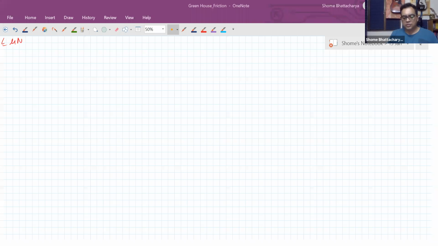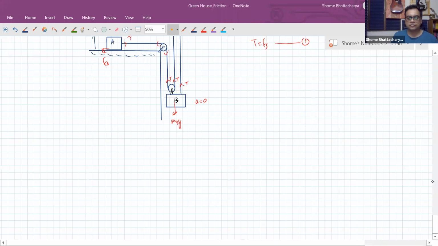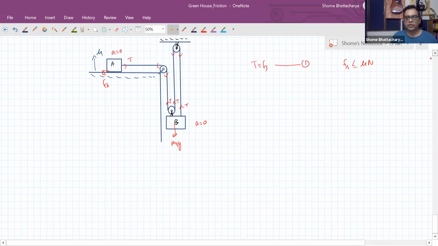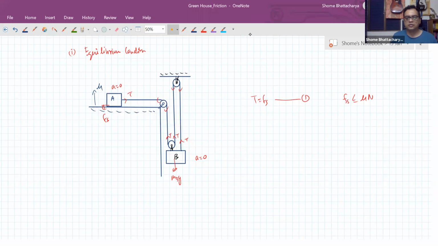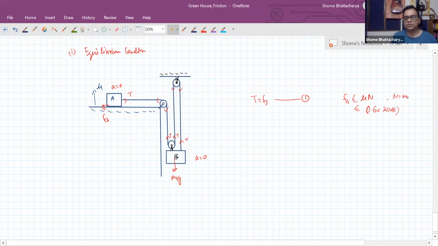Yeah, people. So let's understand this question. So when we are solving for the equilibrium condition, you will see that for the block A, this should be less than or equal to coefficient of friction, which was given to us as 0.6, okay, into normal reaction was weight.